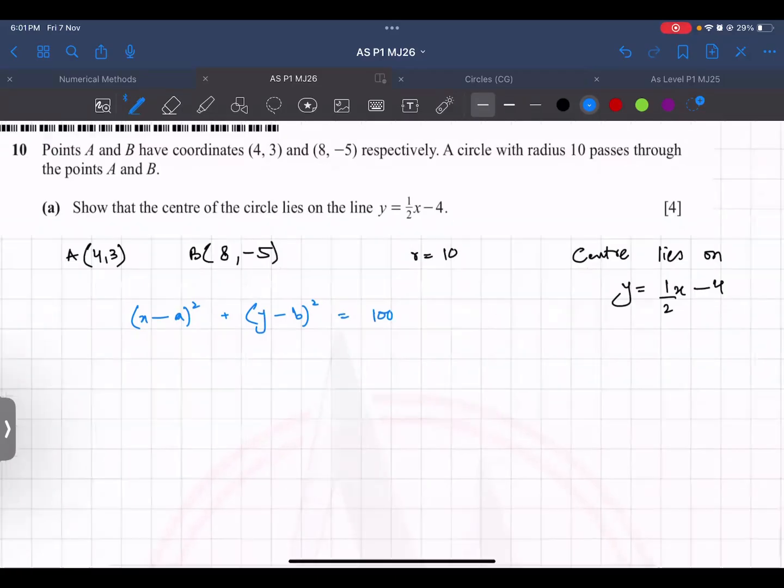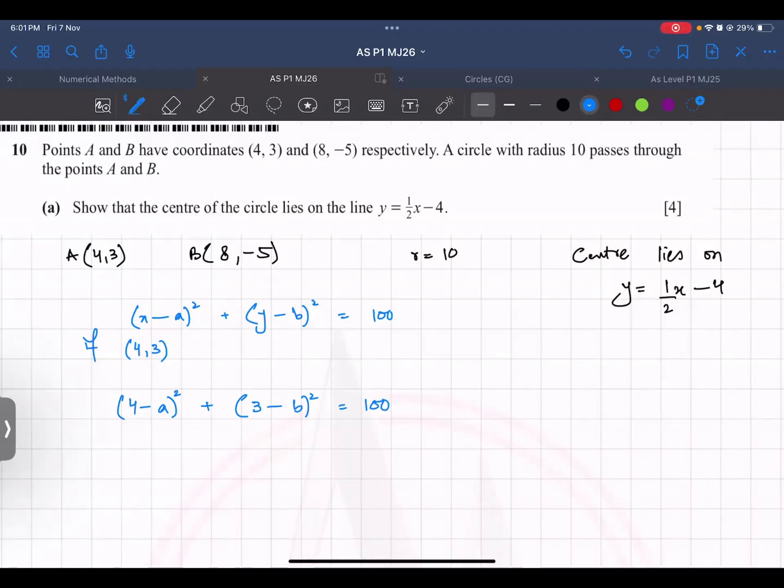Let's see. So if A is (4, 3), then (4 - a)² + (3 - b)² = 100. Okay, we can expand them and simplify. I think this would become, maybe we'll have to do it like this or something else.